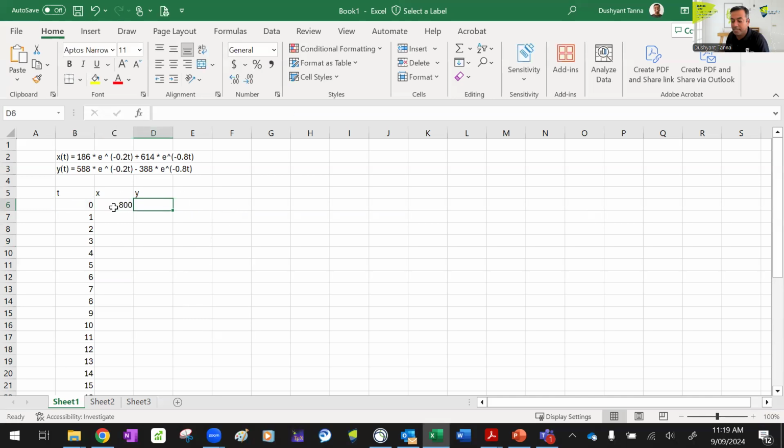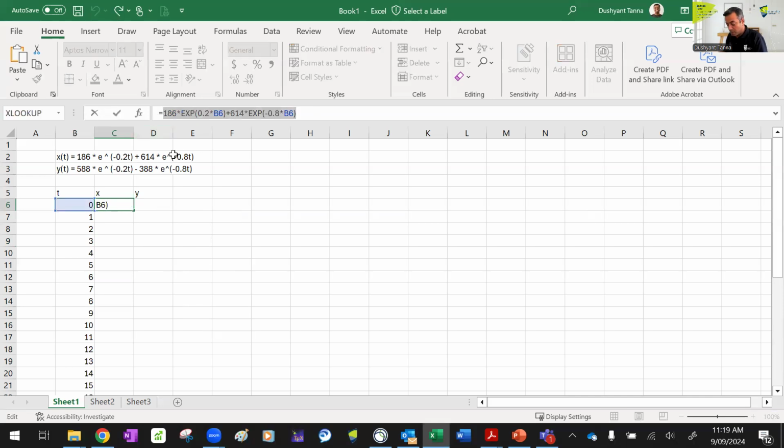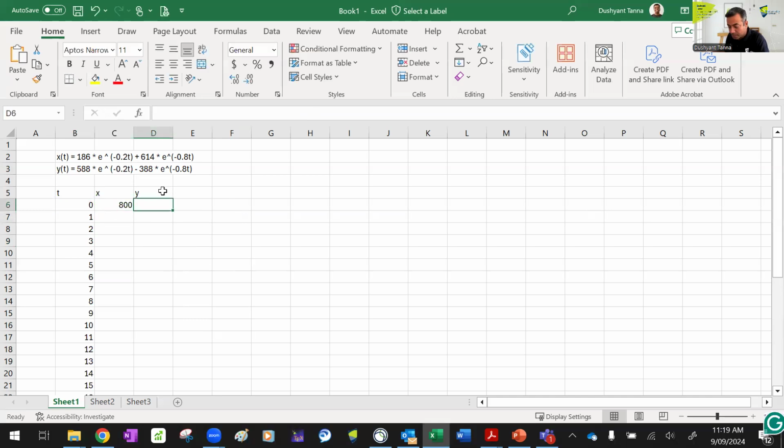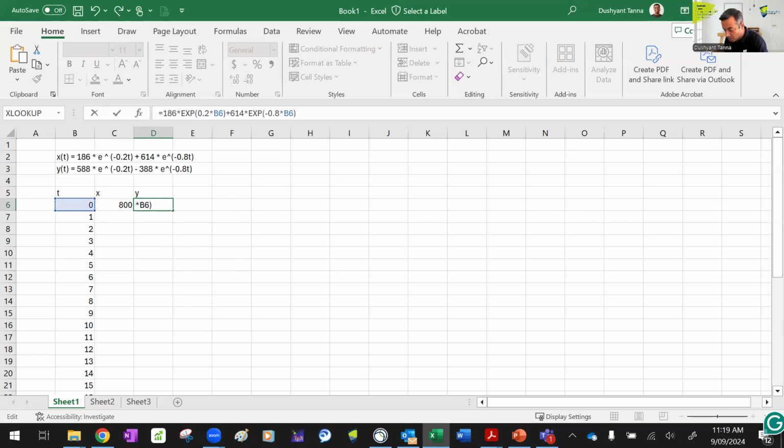That's your x value, and it's 800. Perfect. Okay. Similarly, I will type the value of y as well. Since I already typed it once, it's easier for me if I just use that, but we don't have 186. We got 588. It's not plus 614, it's minus 388, right? And the rest of the constants are the same.